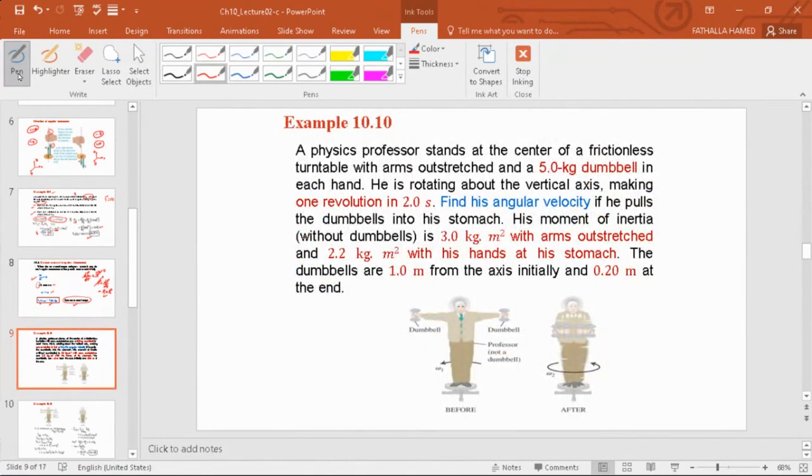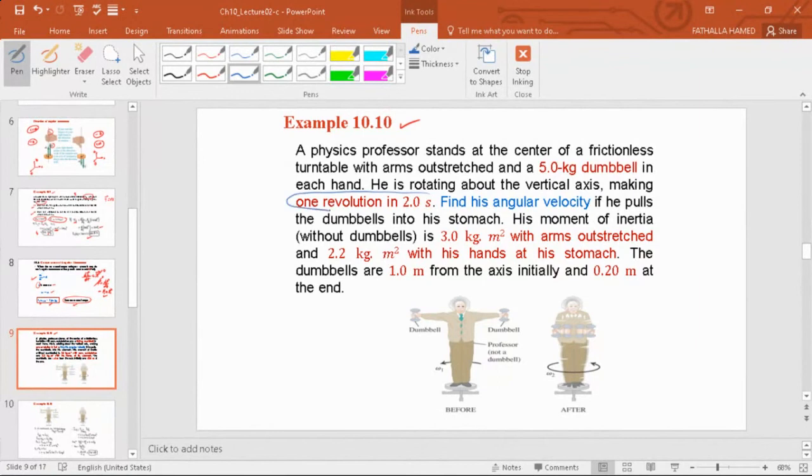Let's take an example here. Example 10.10. A physics professor stands at the center of a frictionless turntable with arms outstretched and a 5-kilogram dumbbell in each hand. He is rotating about the vertical axis, making 1 revolution in 2 seconds.